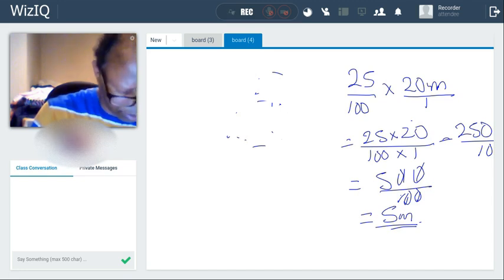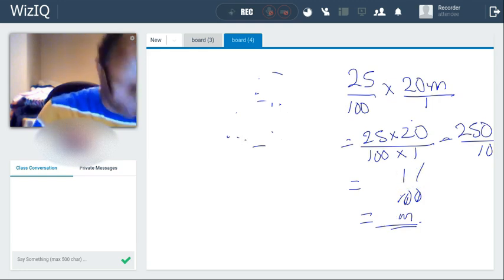Then you can cancel 2 zeros on each side, and it's 100. 100 pounds.